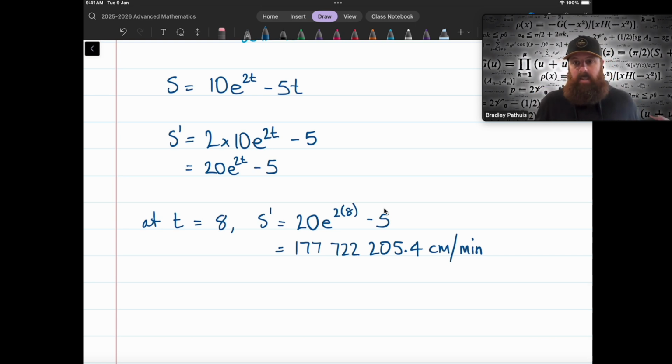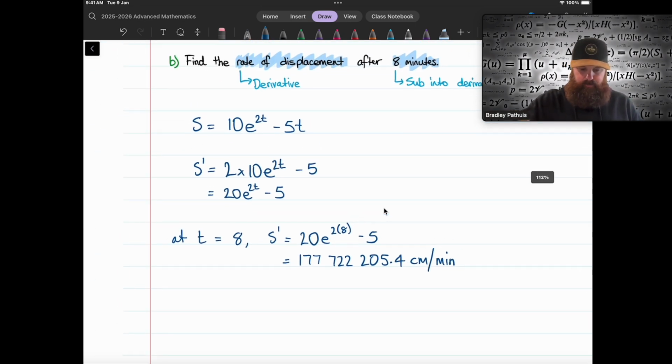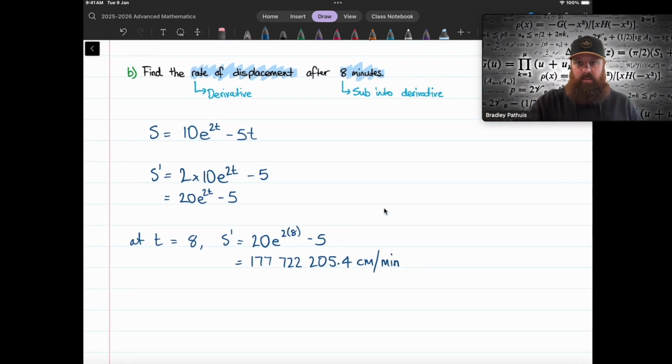And it's okay that it's quite a large number because, if you think about it, e is 2.7. We're raising 2.7 to the power of 16, and then we're multiplying that by 20. So that's getting quite large quite quick. So we would expect a very large value. And that is it.